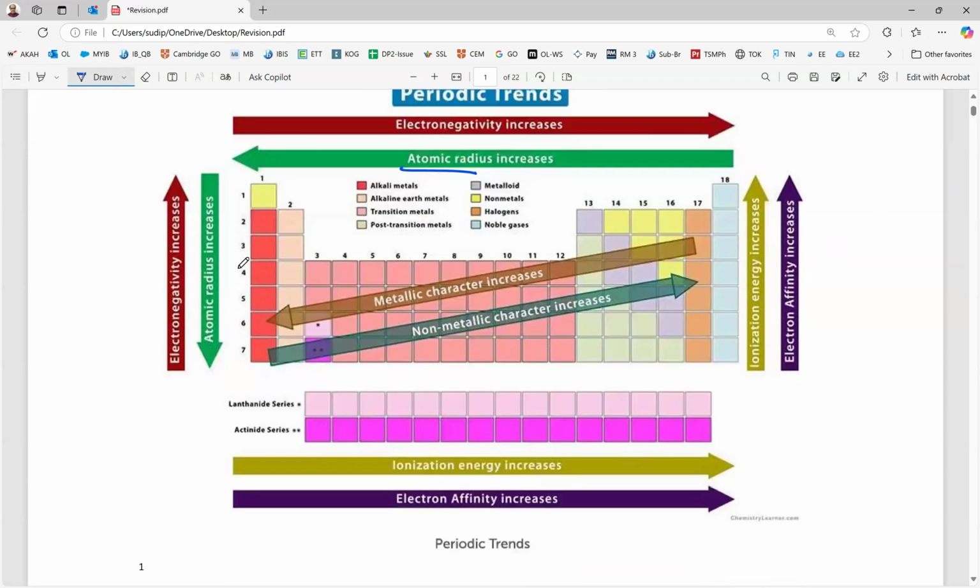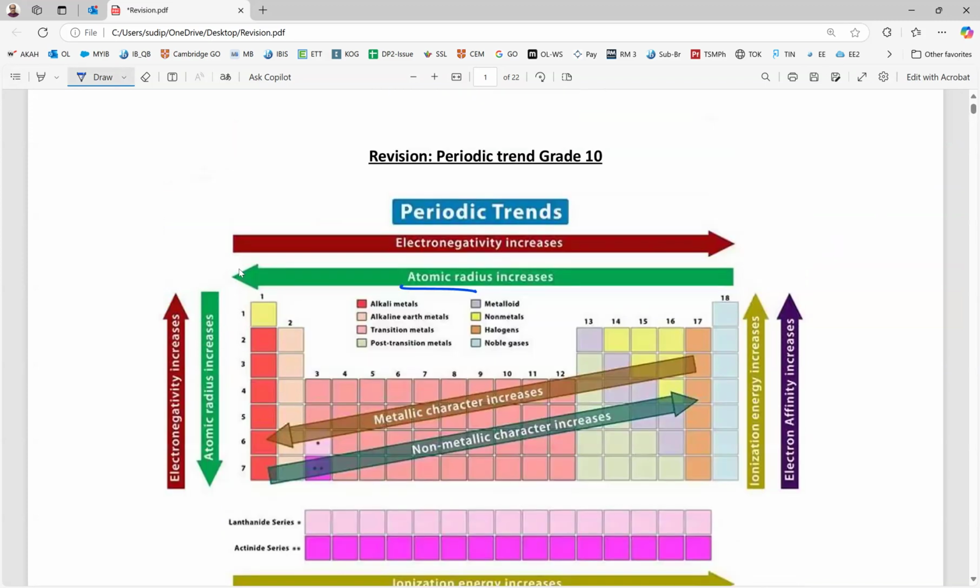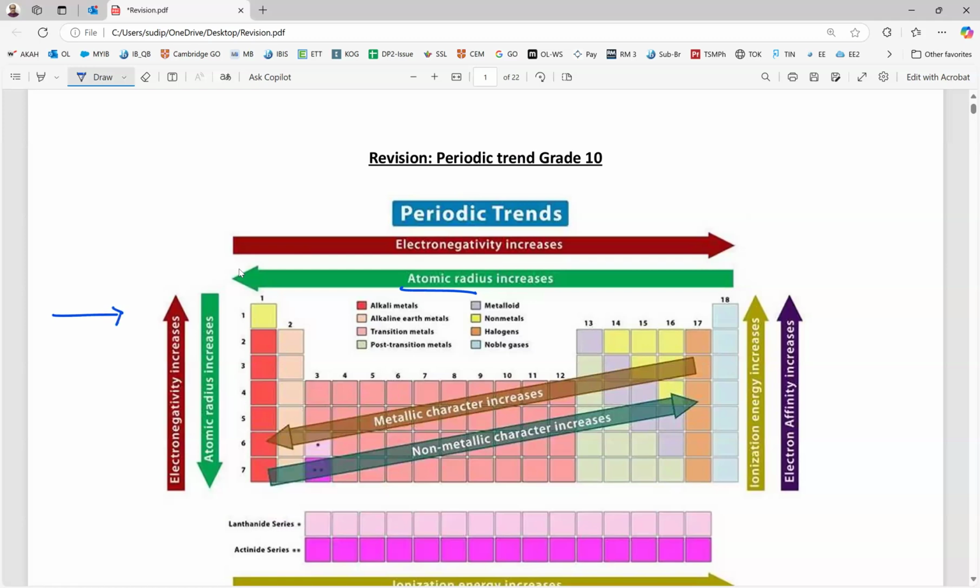Now, we know that in this periodic table, we have two things. One is called your period, okay? And this is called your groups. Now, what's the difference here is this one tells you that it has +1 valency.